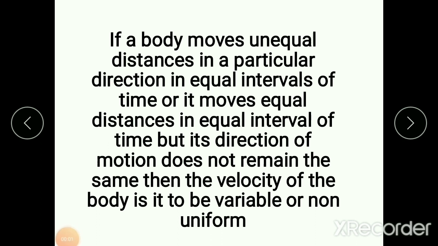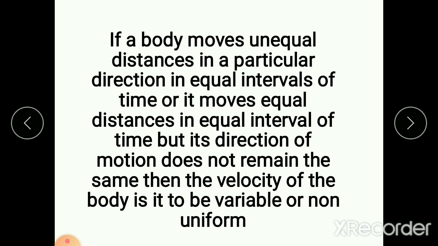That is, if a body moves unequal distances in a particular direction in equal interval of time, or it moves equal distances in equal interval of time, but its direction of motion does not remain the same, then the velocity of the body is said to be variable or non-uniform.